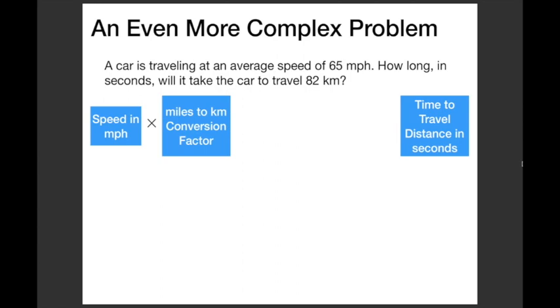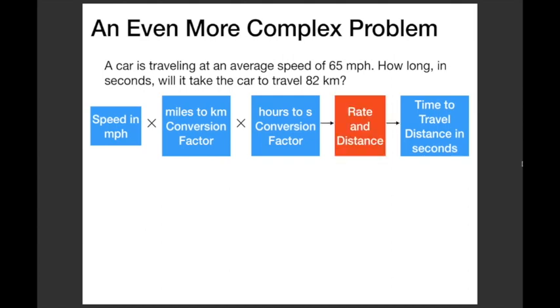So we need a conversion factor to go from miles to kilometers. We need another conversion factor to go from hours to seconds. And then we need a way of going from a rate and a distance to a time. And we're going to use dimensional analysis to accomplish all of this.